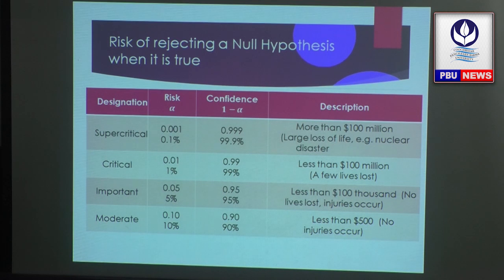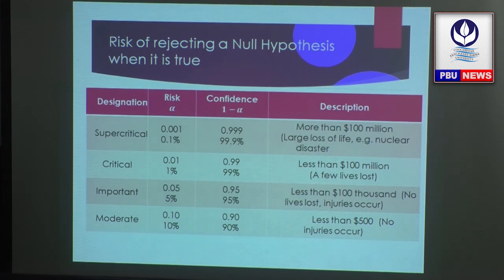Here the confidence level is 0.999, that means 99.9%. For example, a loss of more than 100 million, large loss of life, such as a nuclear disaster, whatever. That is the situation now with corona.